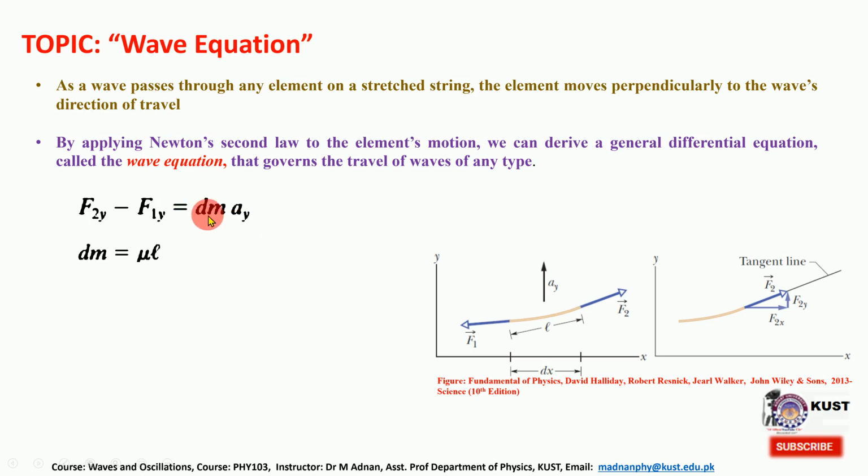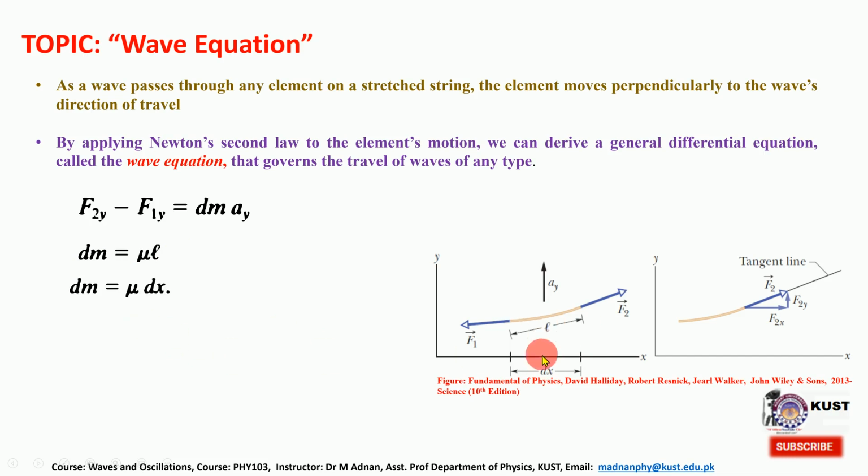Now this dm can be expressed as dm equal to mu times L, if you remember from the last few lectures, where mu is the linear mass density, defined as mass per unit length, such that mu is dm over L, the length of that element.